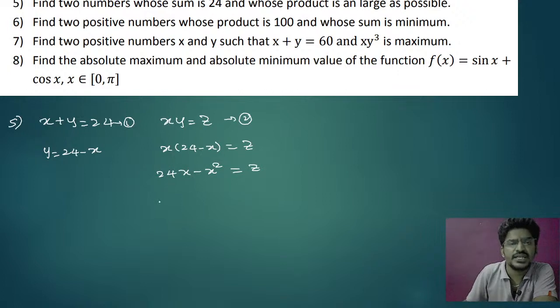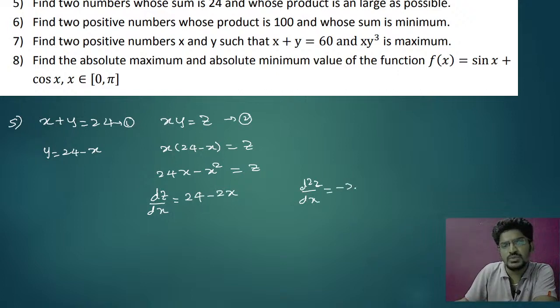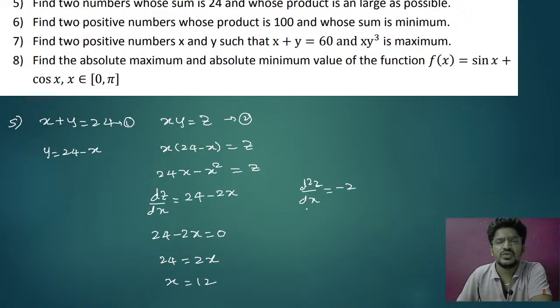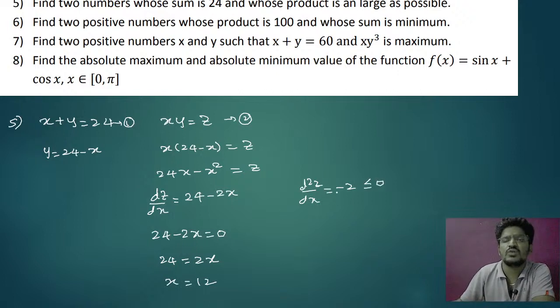If I differentiate it, dz by dx equal to, differentiation of 24x is 24, differentiation of x square is 2x. No problem. I will do double differentiation here only. Differentiation of 24 will be 0, differentiation of minus 2x will be minus 2. Therefore equate 24 minus 2x equal to 0, so 24 equals 2x, x will be equal to 12. Here you can see the double derivative is less than 0.